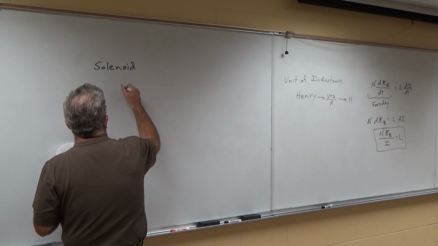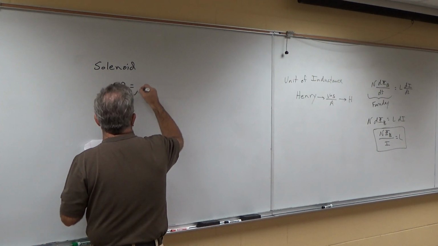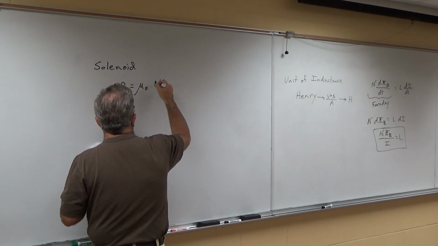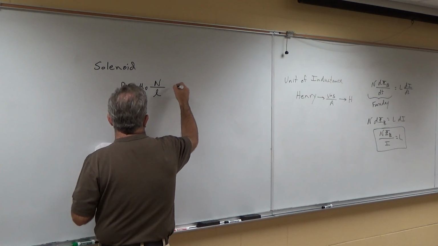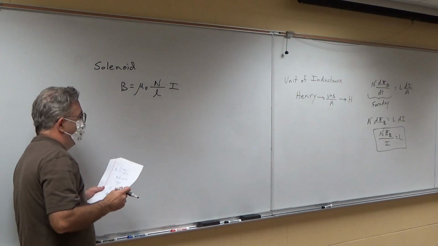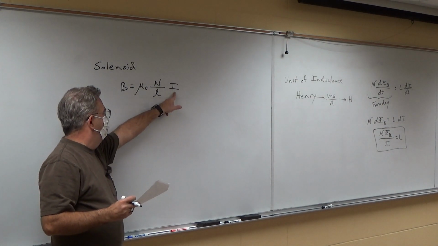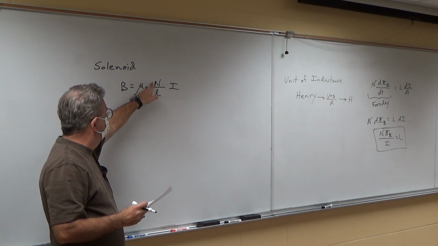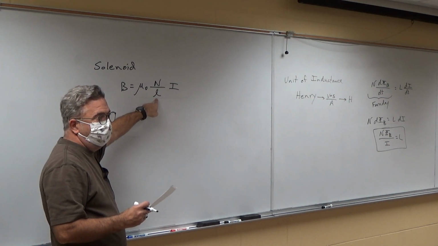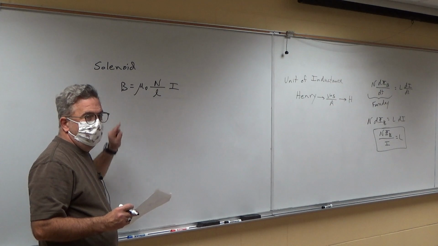So we know for a solenoid, the magnetic field is equal to mu naught capital N over L times I. Remember that? If you have a current in a solenoid of N turns and length L, that's the field. You multiply that by mu naught and you get the field.